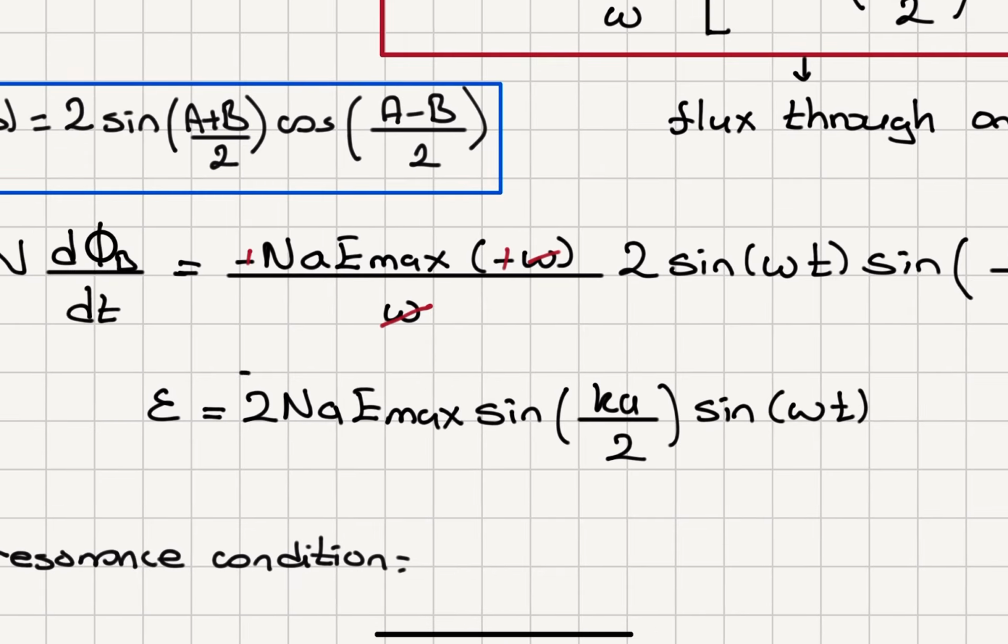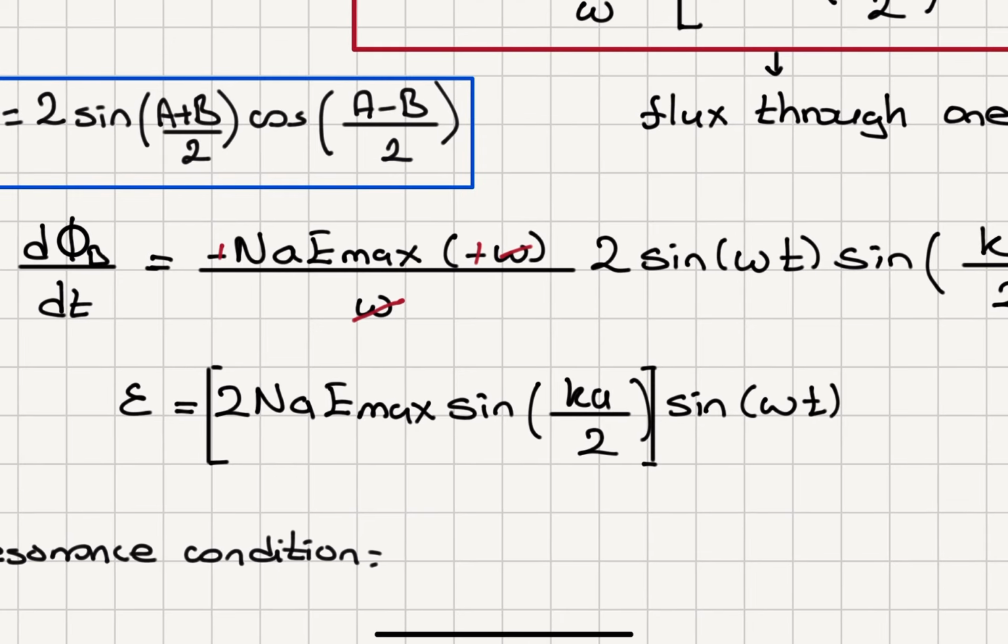The term in the square brackets will be the amplitude of the oscillating voltage.